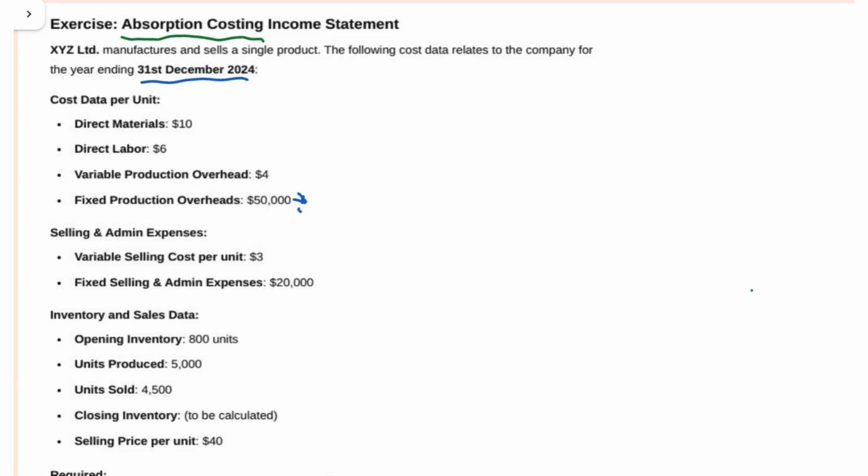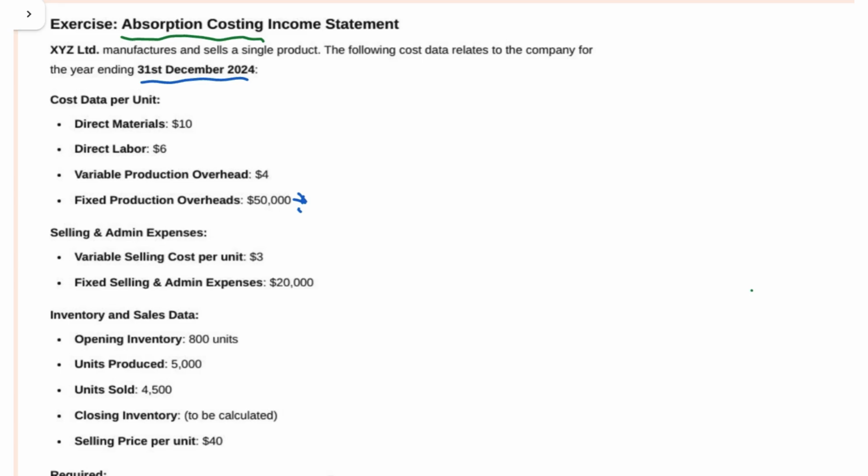Fixed is overall and does not change. If I'm producing 10 jeans, I will always have to pay, let's say, 10,000 for a particular process, no matter how many jeans I produce. Then we have selling and admin expenses, which is $3 variable, and fixed is 20,000. For inventory and sales data, we have opening inventory of 800 units.